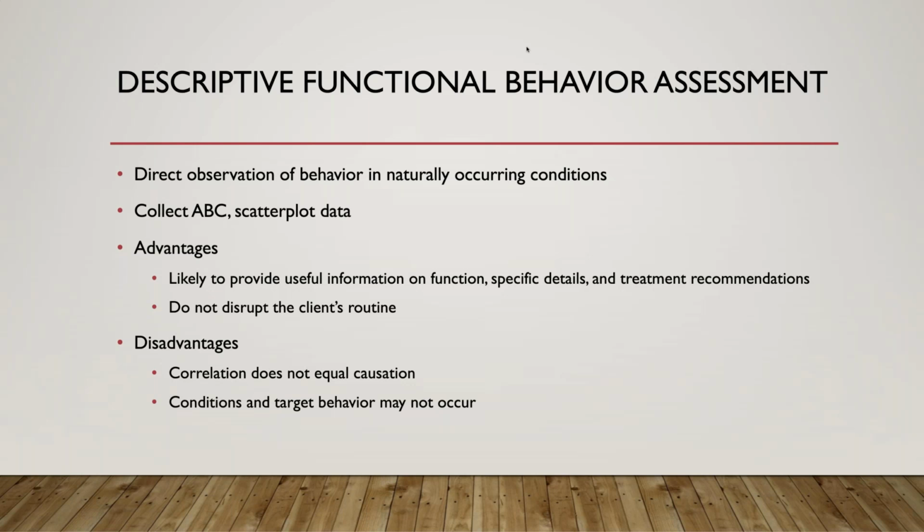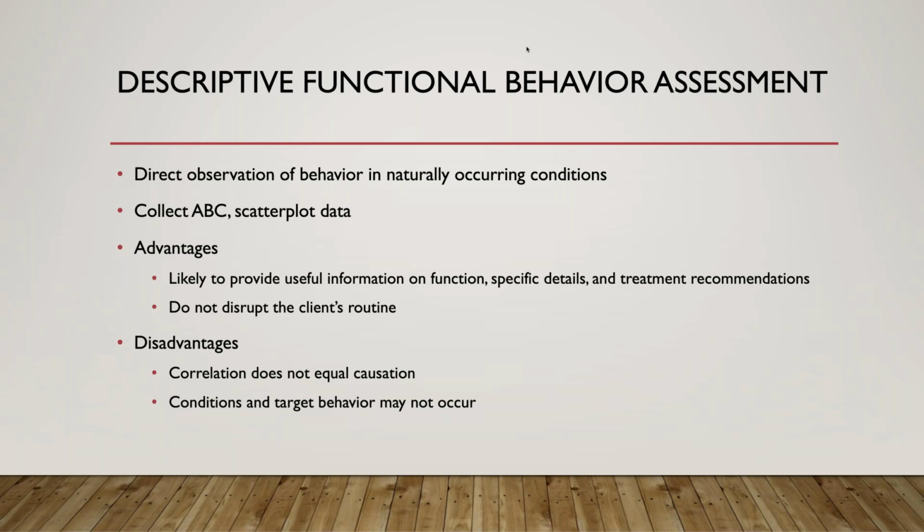Descriptive functional behavior assessment is direct observation of behavior in naturally occurring conditions. So this is just observing someone in the natural environment and taking data on what's happening. The data collection is done through antecedent-behavior-consequence data, and can be done through scatter plot data.